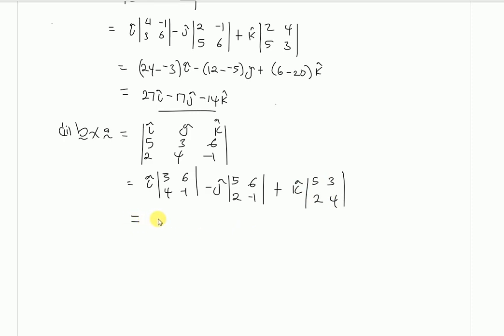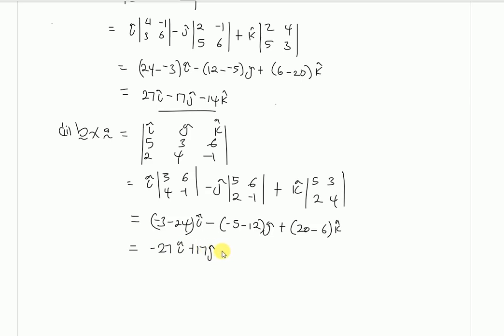This will get us -3 minus 24. This one is i. Then minus 5 times negative, and that is -5, minus 12. This one is j. Then plus 20, 5 times 4, that is 20, minus 6. This one is 4k.